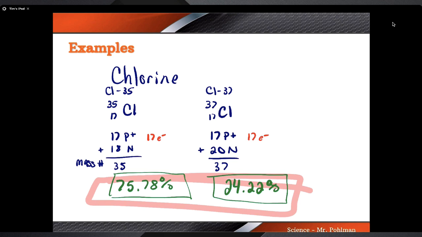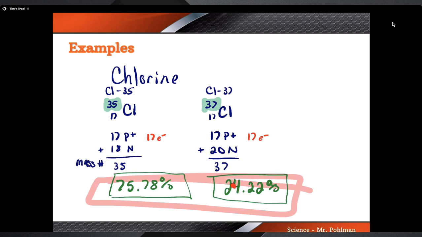Because what you should notice, as I keep saying these values, I keep saying chlorine 35 and chlorine 37, but on the periodic table, it's recorded as 35.45. Where did that 0.45 come from? Well, if we're taking into account the percent abundance, you can see right here that chlorine 35 occurs more often in nature than chlorine 37.